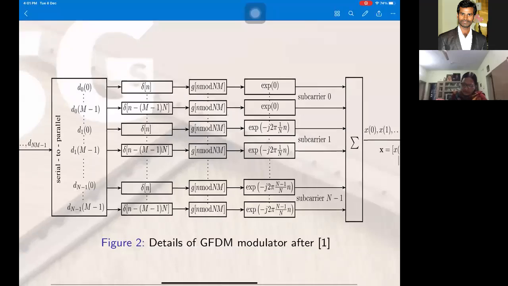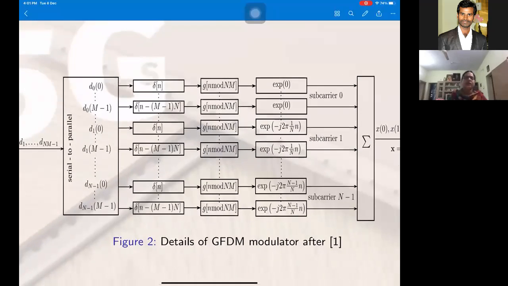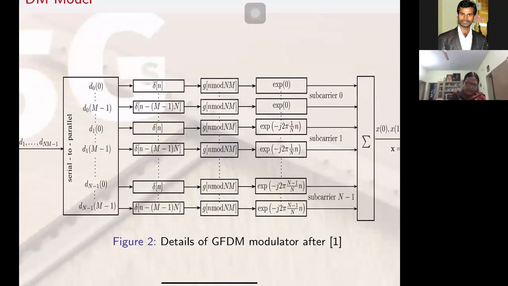Okay. So what is that modulo filter? Just look at this modulo filter. So I have all D0 samples of M subsymbols, 0 to M minus 1 subsymbols, placed at different intervals, delta of N, delta of capital M minus 1 times N. They are located at different intervals.